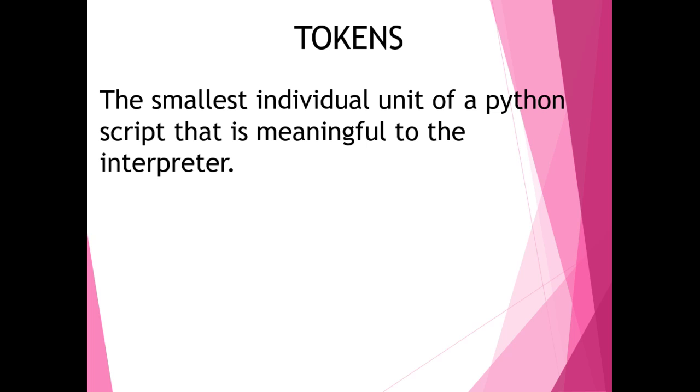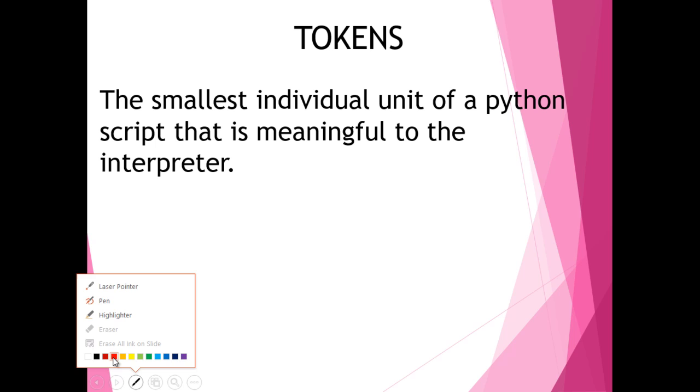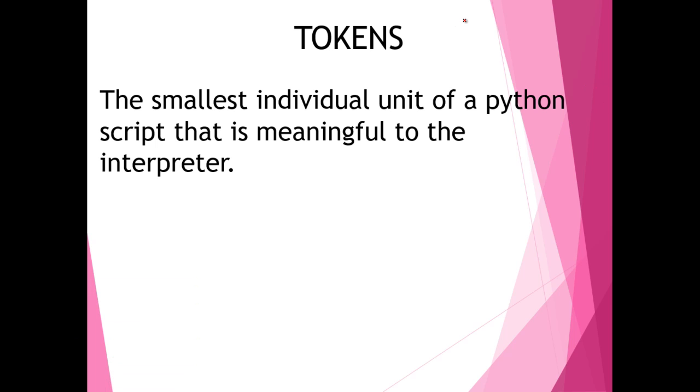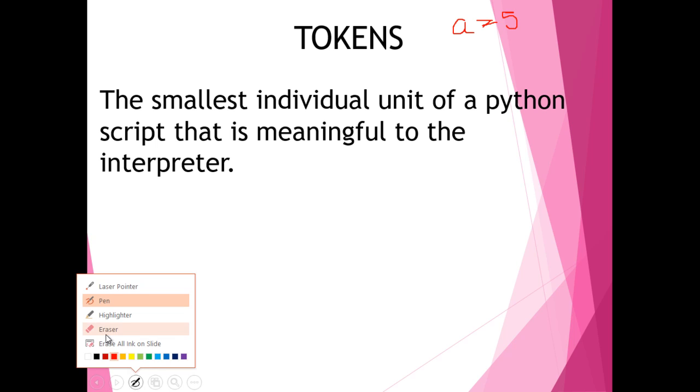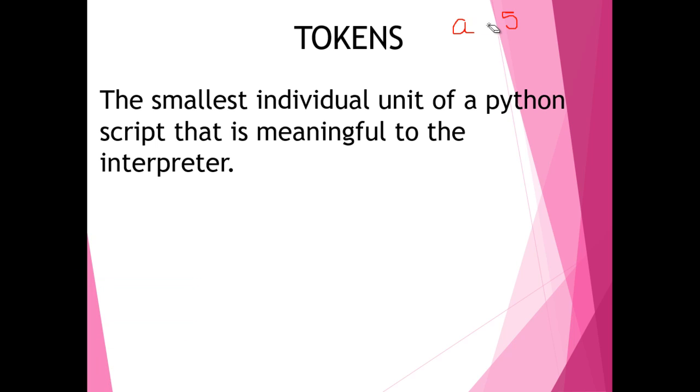Let me explain what a token is by giving you an example. Suppose we have written A is equal to 5.